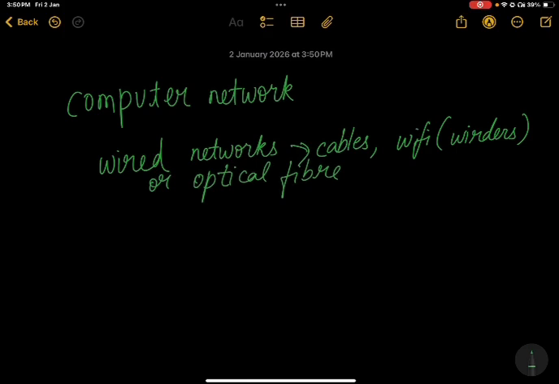These computer networks also allow users to communicate efficiently, share hardware like printers, access files, and remotely use services such as email and internet.